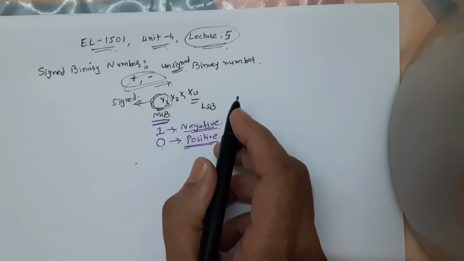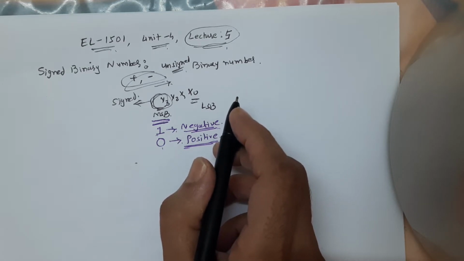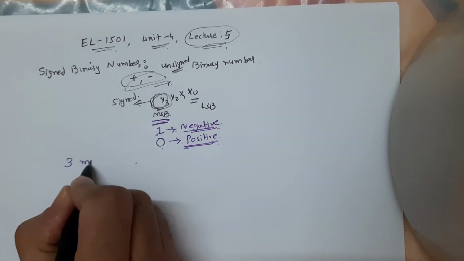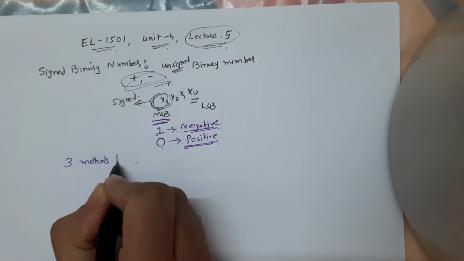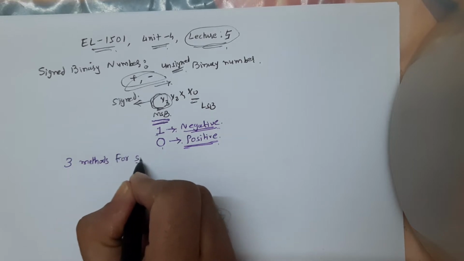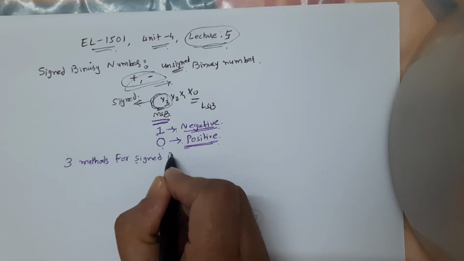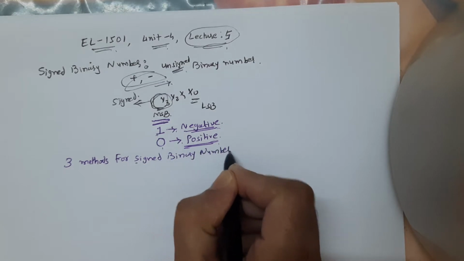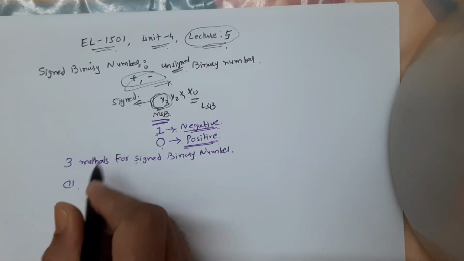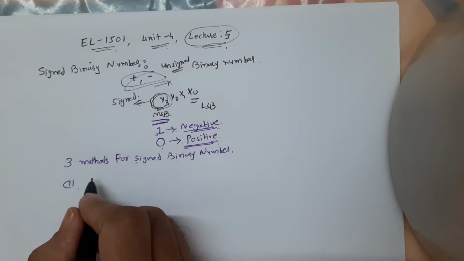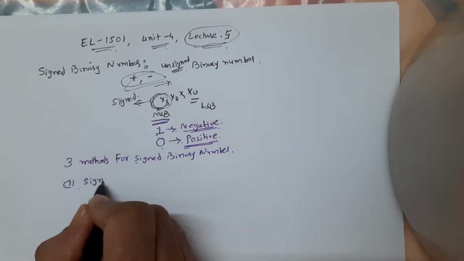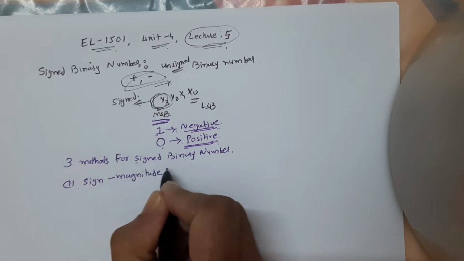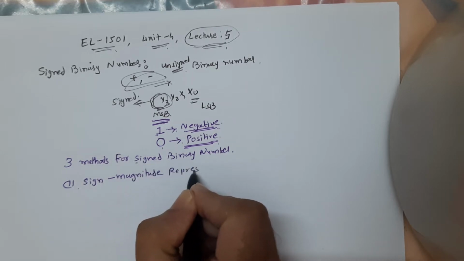So there are three methods to represent the signed binary numbers. The first one is the sign magnitude representation.